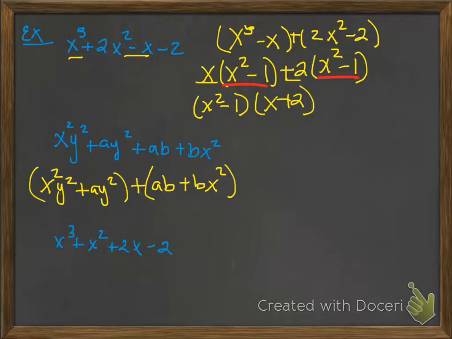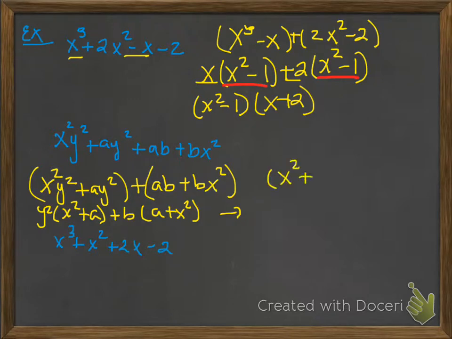In the first I can take out a y squared, so I'm going to do y squared times x squared plus a. And in this one I can take out a b, so plus b times a plus x squared. Well, a plus x squared and x squared plus a, since they're both pluses, order doesn't matter. And we're going to end up with, I'm going to rewrite it as x squared plus a times y squared plus b.